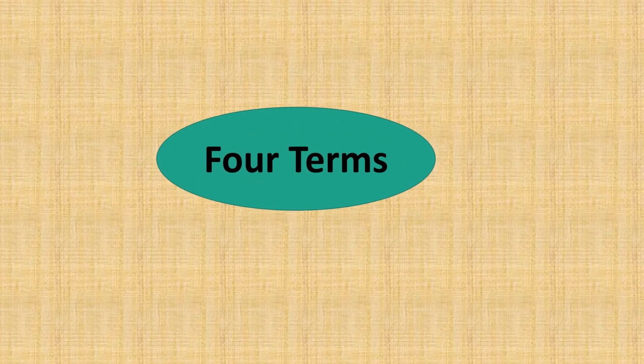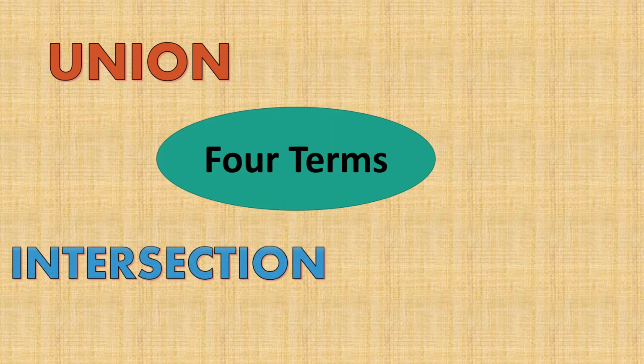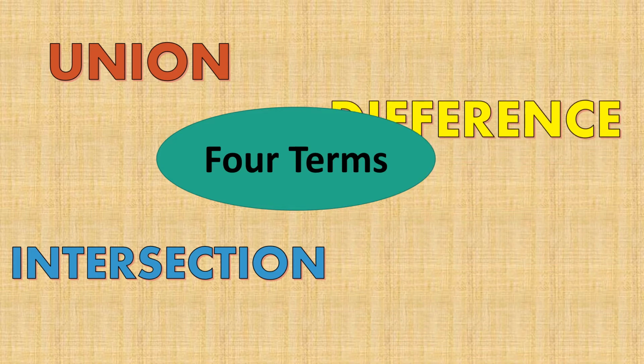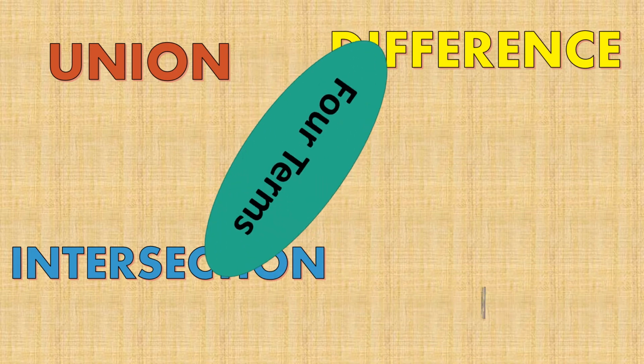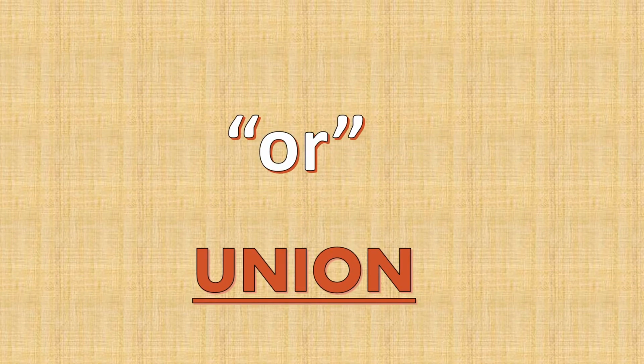Now, in solving problems using Venn diagrams, we have to be familiar with the terms or words that can be used in solving problems. We have these 4 terms: union, intersection, difference, and complement. If there is the word or, then the operation to be used is union.